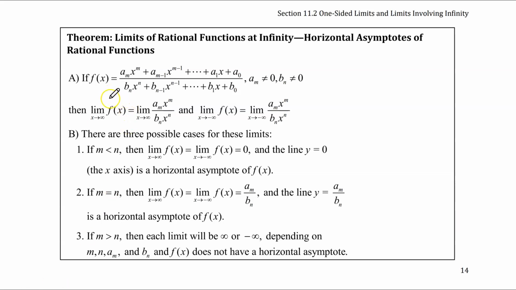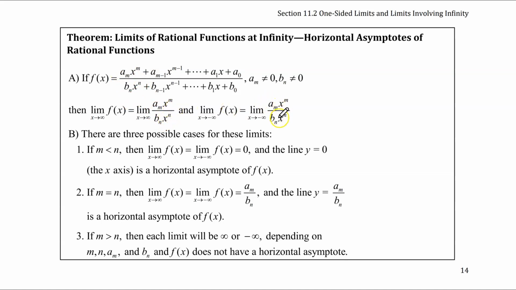Now, if you are given a rational function of this form, you have your numerator, a polynomial expression, and your denominator, also a polynomial expression, then to find the limit of this expression as x approaches positive infinity or negative infinity, all you need to do is take the leading coefficient of the numerator and the leading coefficient of the denominator and then divide them.